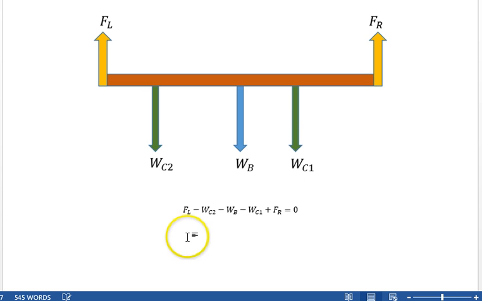And what do we know out of this? We know the weight of the bridge is 10,000 kilograms times 9.8 meters per second squared. We know the weight of car 1 is 1,500 kilograms times 9.8 meters per second squared.